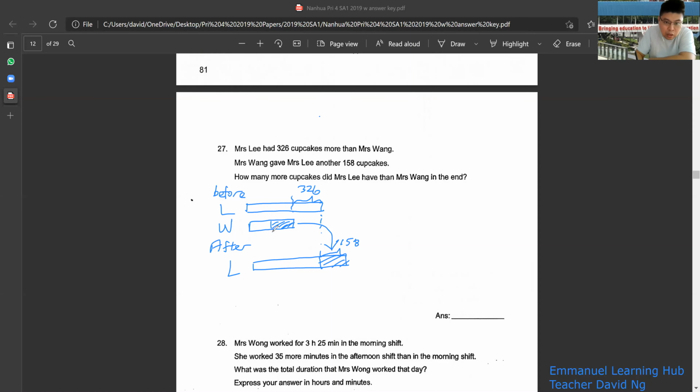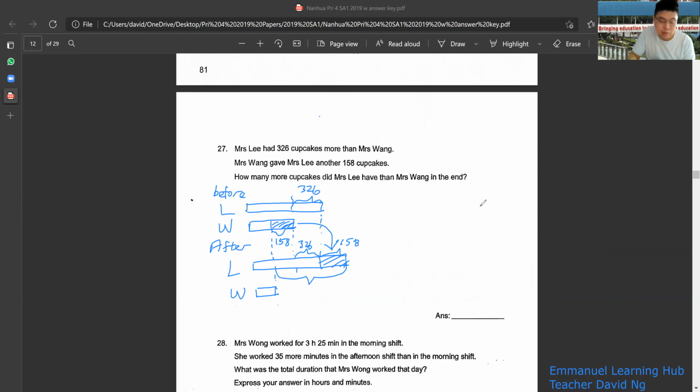Then he gave away. Okay. Can you see my model? Yes. How many more does she have?